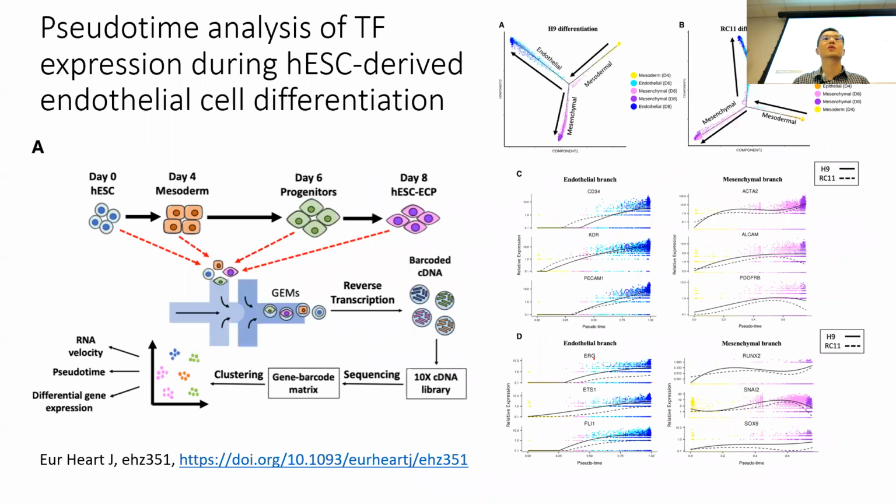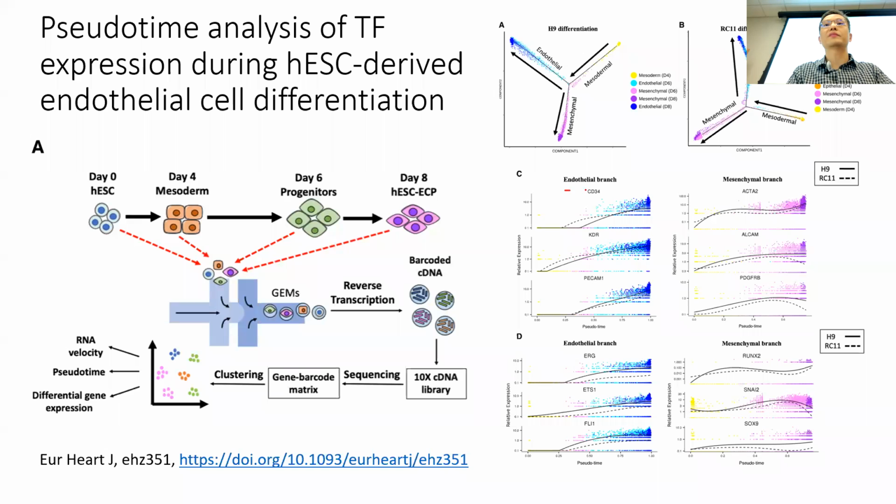We will look at how people use it as an example, here for stem cell differentiation into endothelium cells. I think this is one of the early studies using single cell data. Then you can reconstruct the trajectory and follow it.